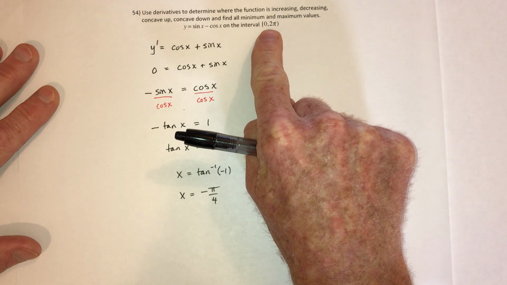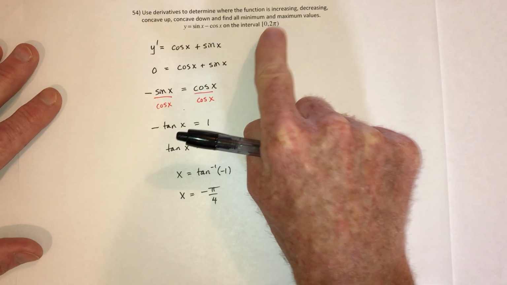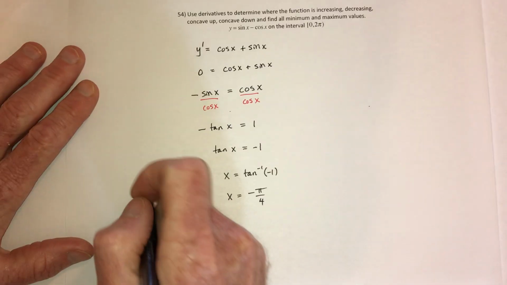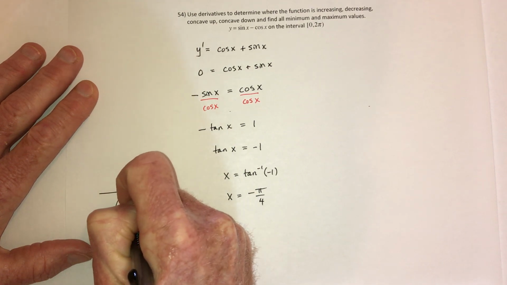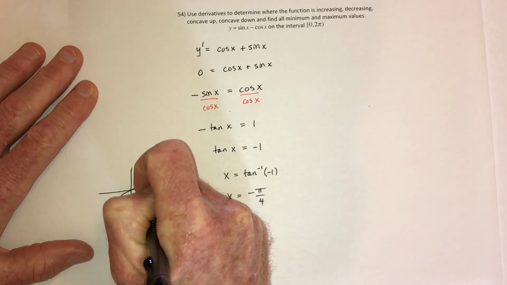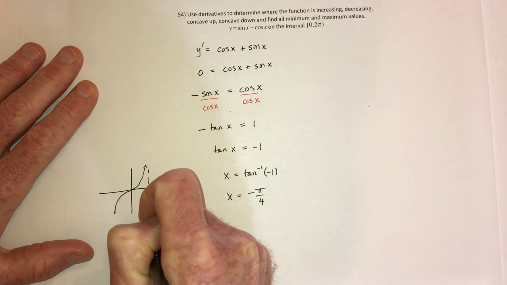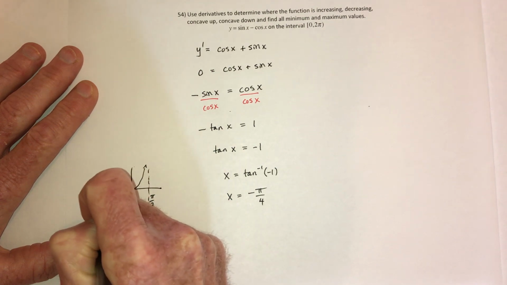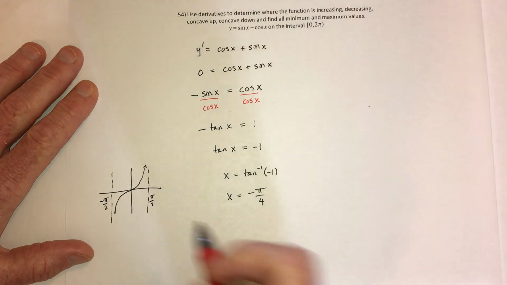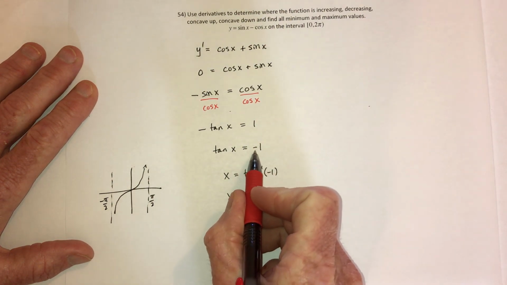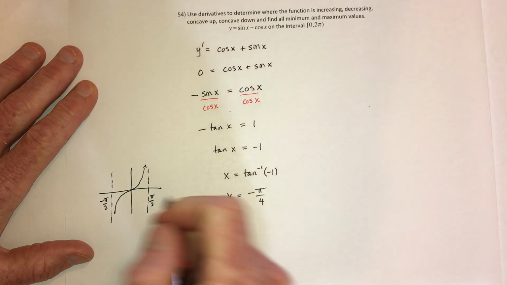But according to this, we don't want negative answers, we want positive answers. So if you were to look at the tangent graph, it would look like this. There's an asymptote at pi over 2 and at negative pi over 2. And then where's the tangent graph equal to a negative 1?